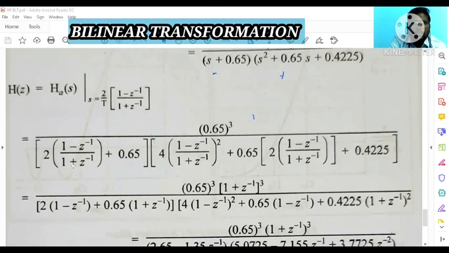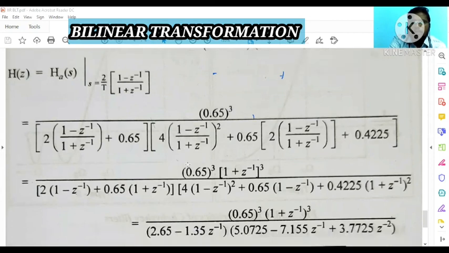When you take the LCM, here 1 plus z inverse whole square is the highest order, then 2 into 1 minus z inverse, then into 1 plus z inverse.